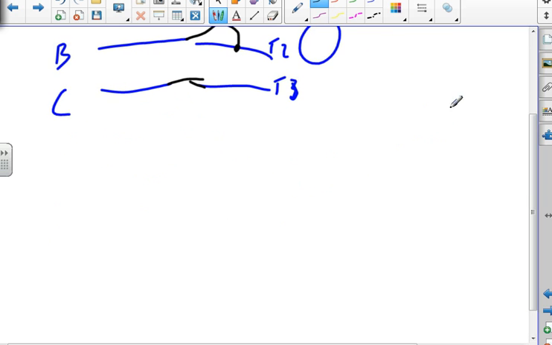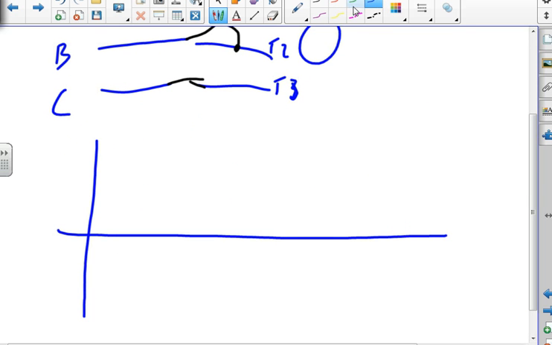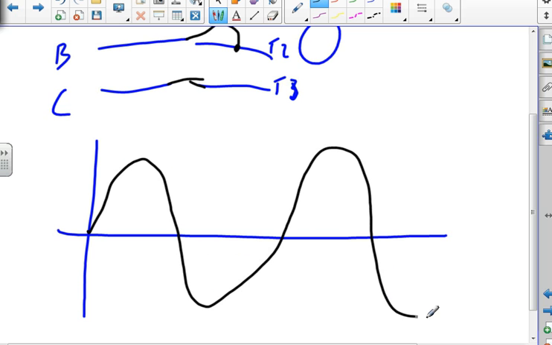How is that supposed to work? All right, my first phase is doing this. There's 360 degrees, so 60 times a second, it's doing that.